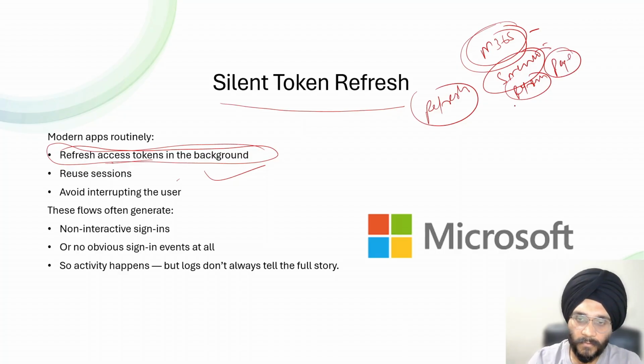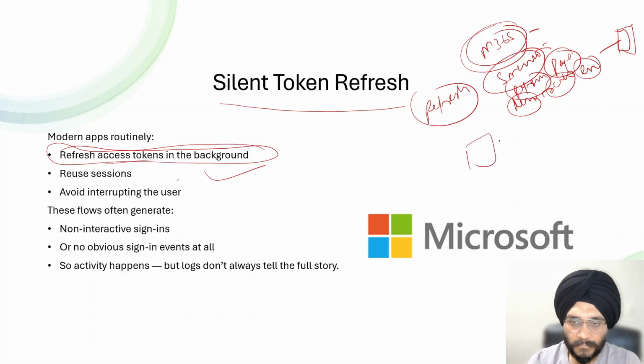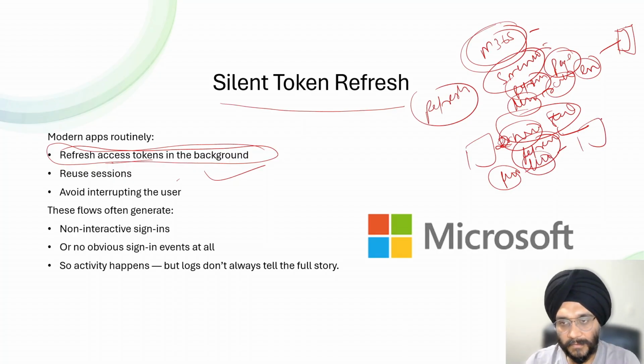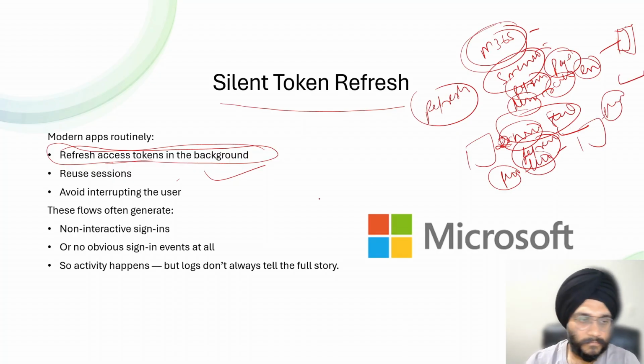Once you refresh, the token will be refreshed in the backend. So again, no MFA. Let's say a session limit is 2 hours. Since you already refreshed the portal, the token will be refreshed and your session will be refreshed as well.